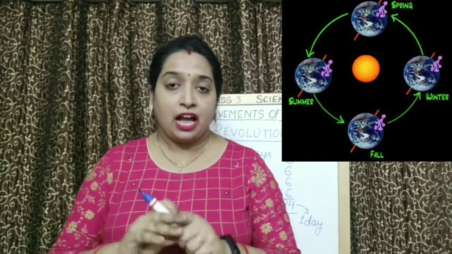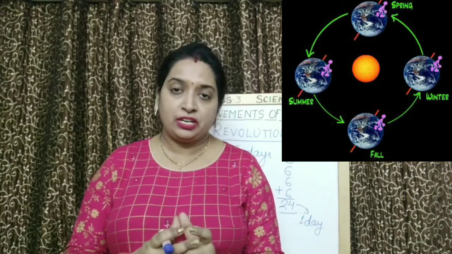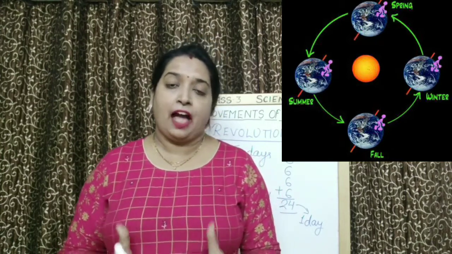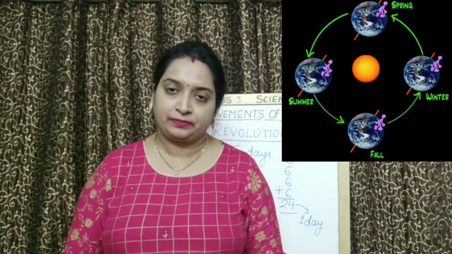Now children, let's come to seasons. I have told you that revolution is the reason why we have different seasons. But children, I also told you in rotation that earth is spinning on its axis, right? And what is the position of this axis?